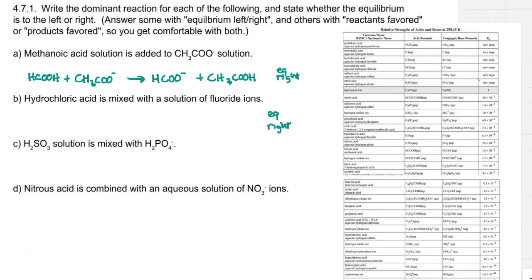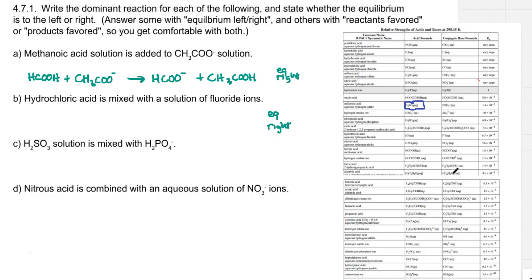What else have they got for us? H2SO3. Where are you? Oh, higher up, sorry. Tiny little table. Okay, that should be our strongest acid in this one, and that reacts with H2PO4, which could be our base.